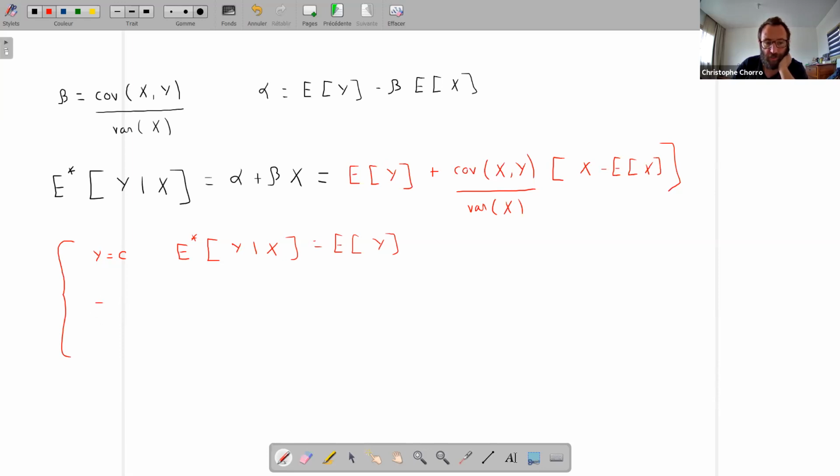Okay, and I can also see that best linear predictors are something that is linear.